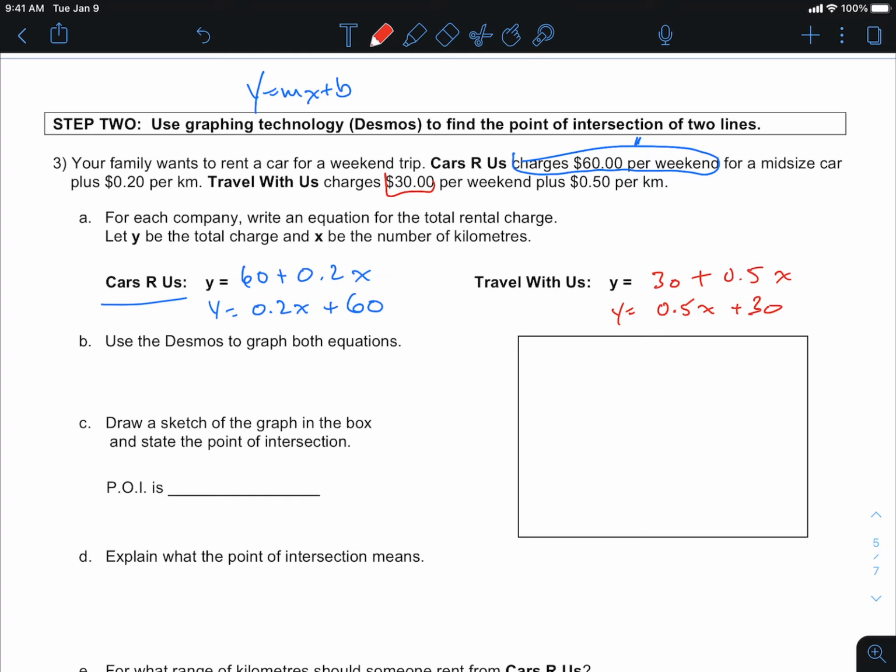And your question is, so we go down into the box now, there's your graphs, and they do indeed cross at a particular point. I know the colors are flipped here, just by luck with Desmos, so Travel with Us is in the blue on the graph, and Cars R Us is in red. I'll draw it properly on the grid here, like our little sketch.